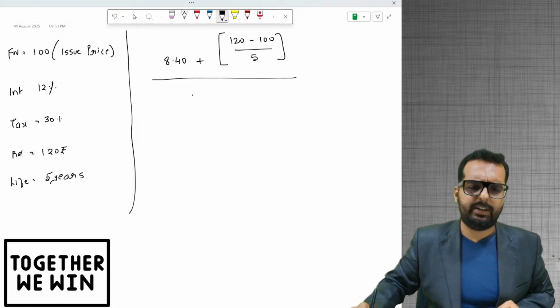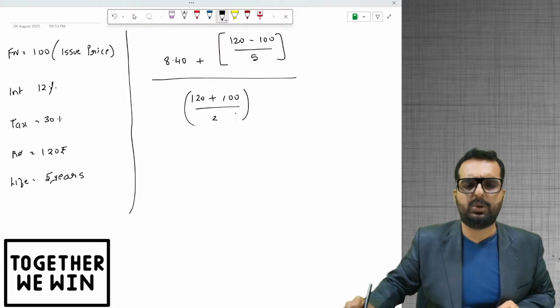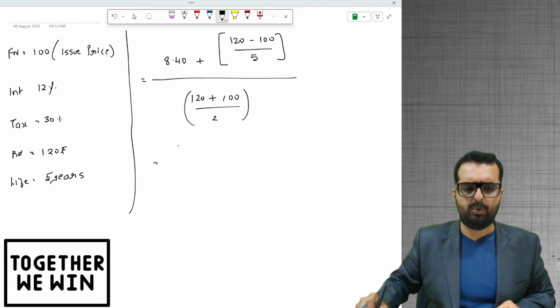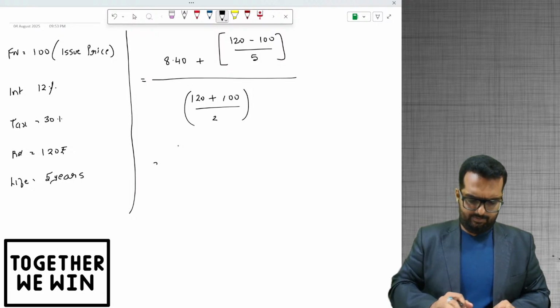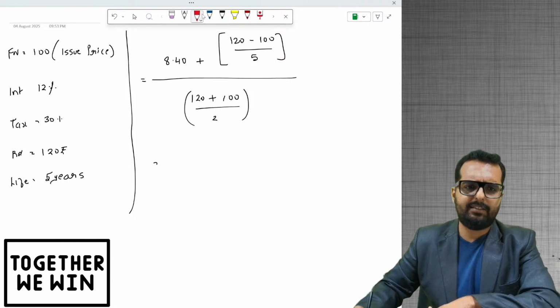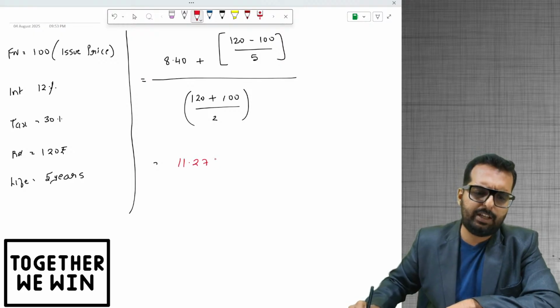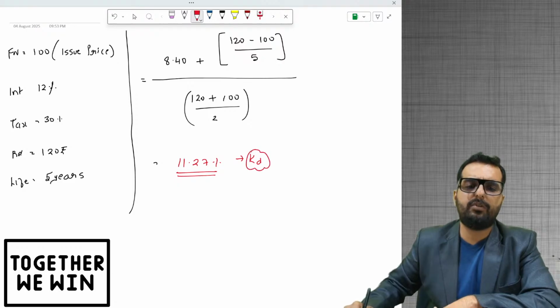Now whole divided by 120 plus 100 divided by 2. So the moment you do this, 20 by 5 will give you the answer as how much? 4 plus 8.4 is 12.4. 12.4 divided by 110. Do you get the answer as 11.27 percentage, friends? This is called the KD or the cost of debt.